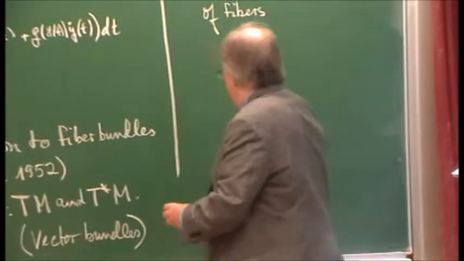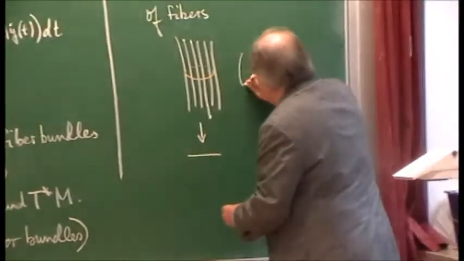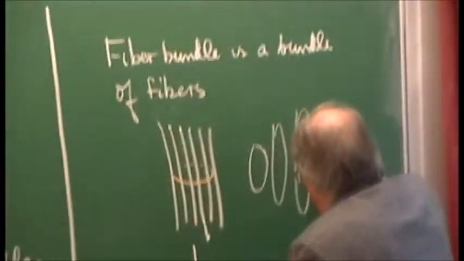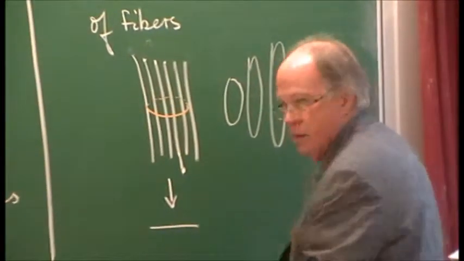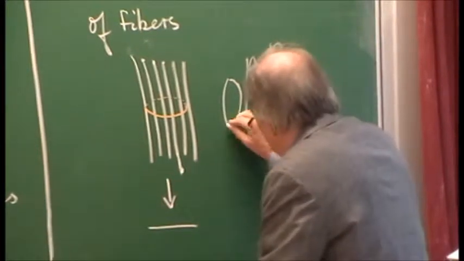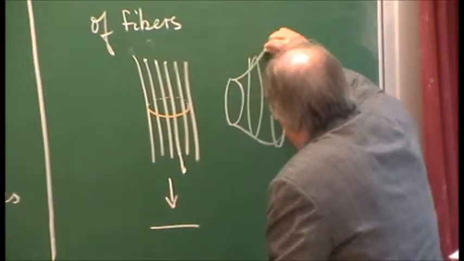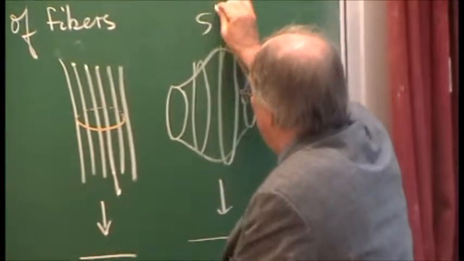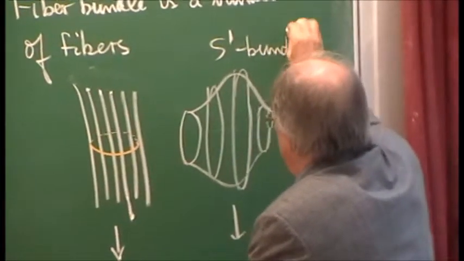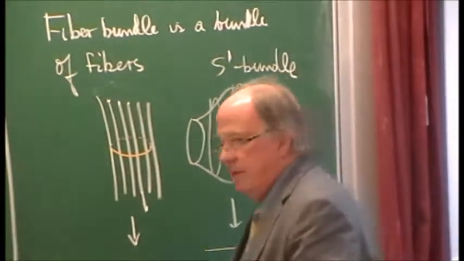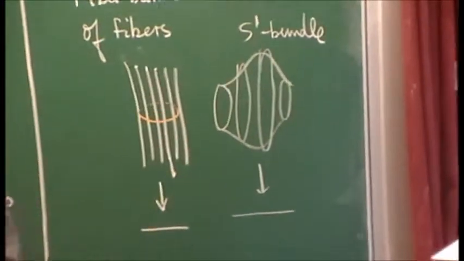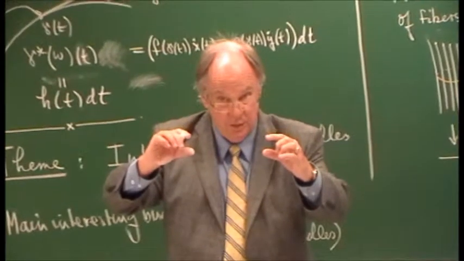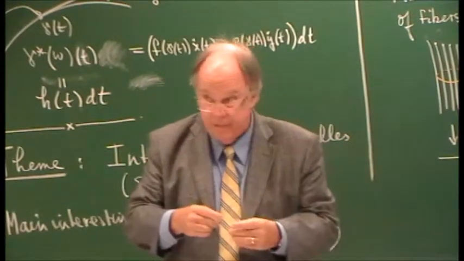But what I mean here is, for example, here is a circle, and here's a nearby circle, and here's a bigger circle, and a smaller circle. Okay? So in some sense, if you have a little bundle of circles, this is called an S1 bundle. If you visualize it in a geometric way with your eyes, so that means you have a geometry, the S1s might be changing in size, in area, right?